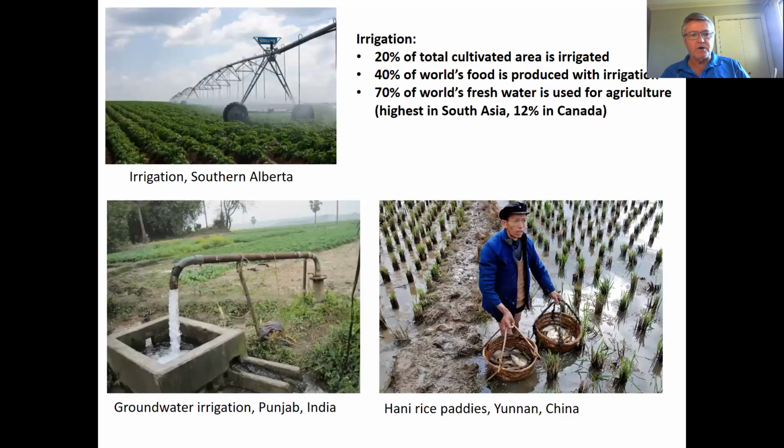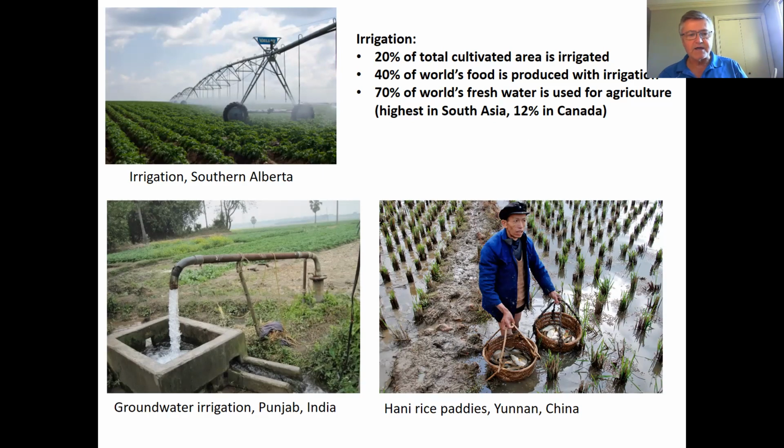Just a reminder, I showed this slide earlier in the class in terms of water quantity. Agriculture is a large use of water. About 20% of all of the agriculture area in the world is irrigated, and that 20% of the area produces 40% of the food.